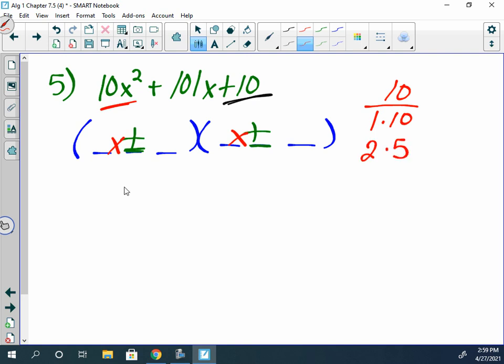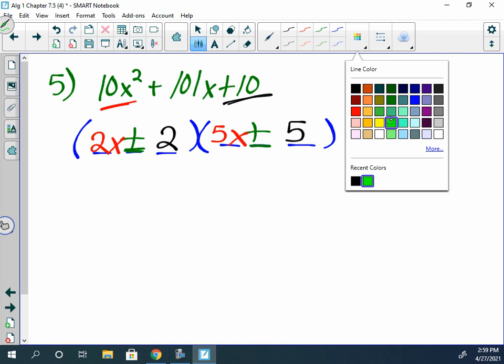Which one do we want to try first? Well, hey, the other number is 10, so we either have 1 and 10 or 2 and 5, yes? So what do we want to try first? 2 and 5. Will this one work? Let's find out.